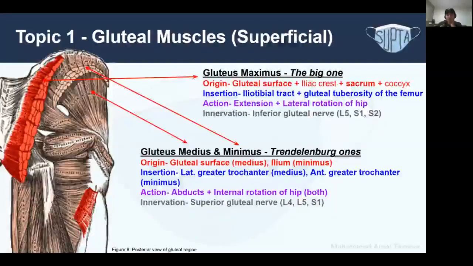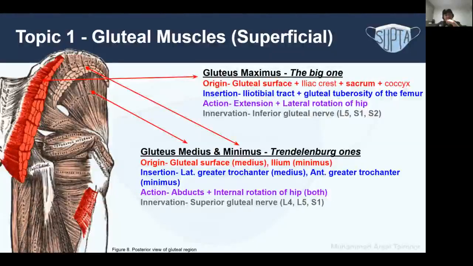The difference between these two muscles and the gluteus maximus is that one, they abduct, two, they internally rotate, they don't externally rotate. So think of the gluteus maximus as the odd one out, in that it laterally rotates and it is responsible mainly for extension, right? The gluteus medius and minimus are responsible for abduction and internal rotation.